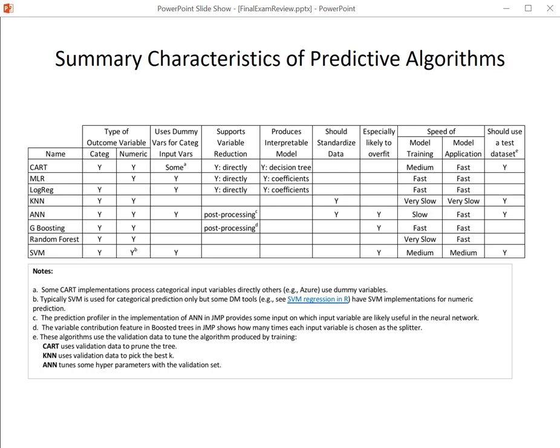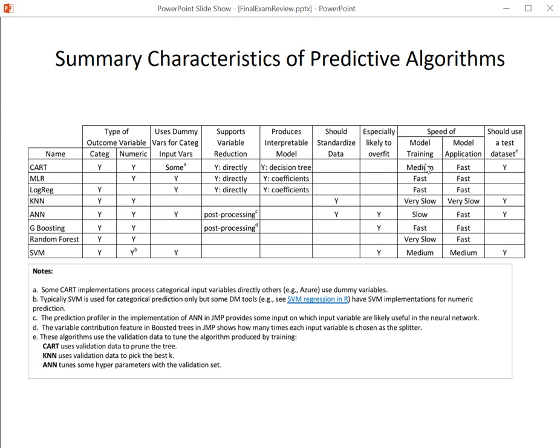If you see that you're getting like 20% worse values in your validation data, you can tell that a lot of overfitting is happening. The models are too complex and they're not working very well because they're overly complex. The next dimension of these models is in terms of the speed of training them and the speed of applying them.